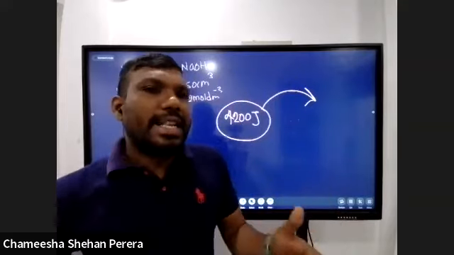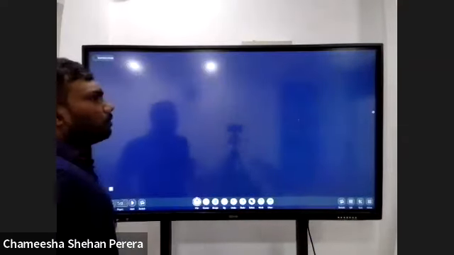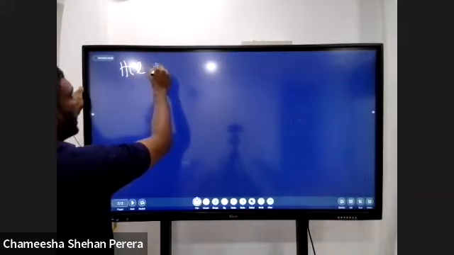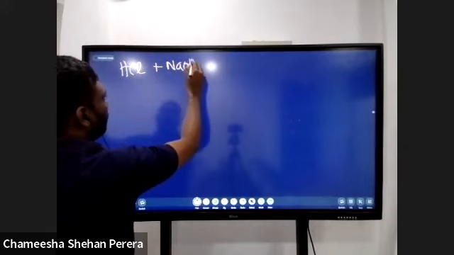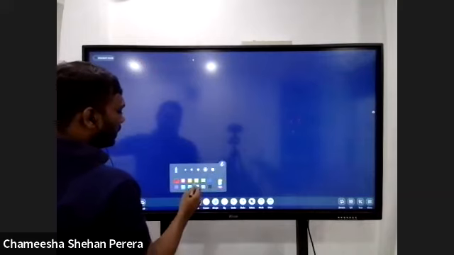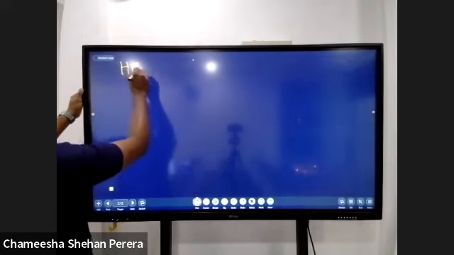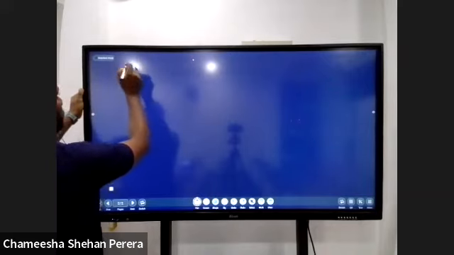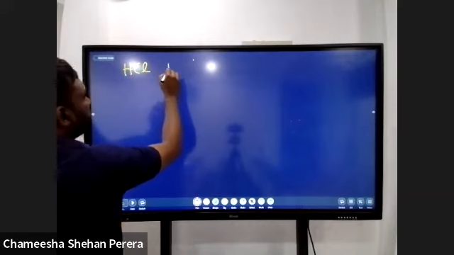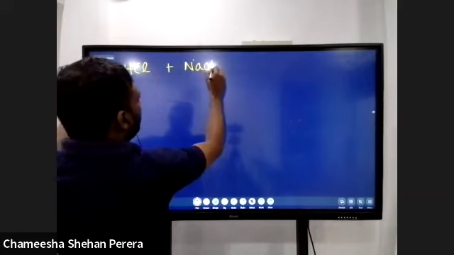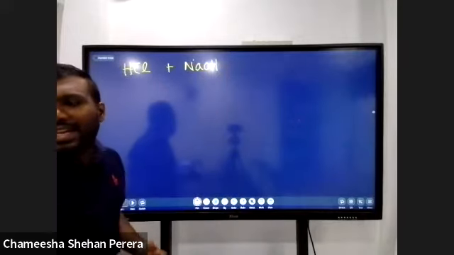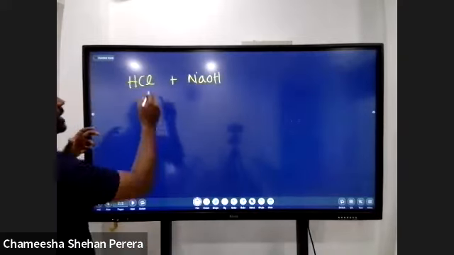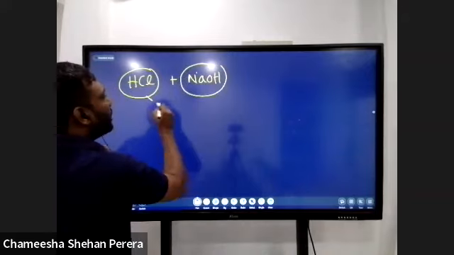Okay. So the next thing that you have to know is this. Though we add HCl and NaOH as a bulk, that means we add the HCl, 50 cm³ of a volume, and then we add sodium hydroxide, 50 cm³ of a volume, as a bulk, the thing you have to know is that each molecule has to react with each other to give you a product.